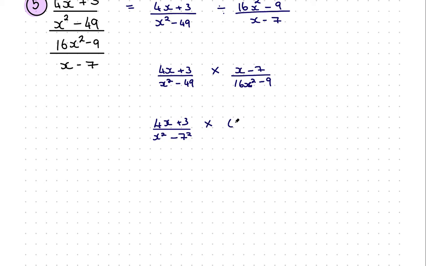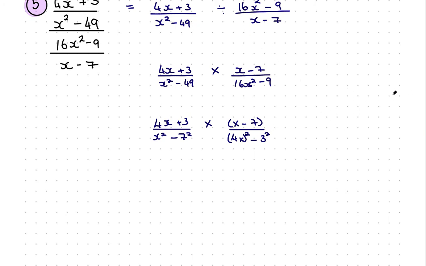So then I'm going to multiply that by x minus 7, all over, and then I have 16x squared minus 9. And again, that's an interesting pair of terms here. I could actually write that as 4x squared, because 16 is 4 squared, and x squared can be written as x squared like that. And then 3 squared.